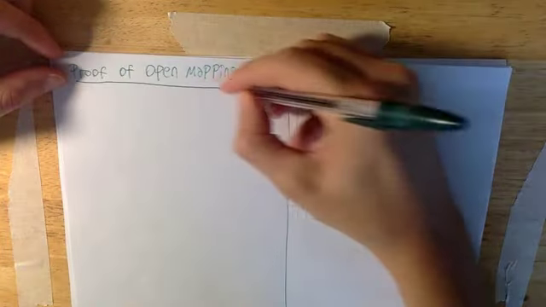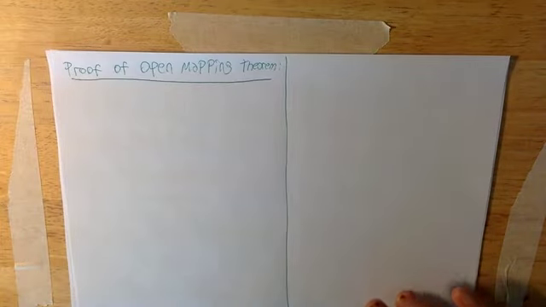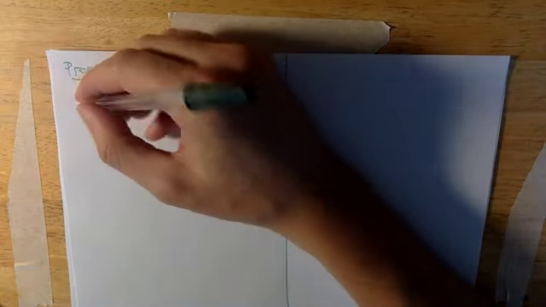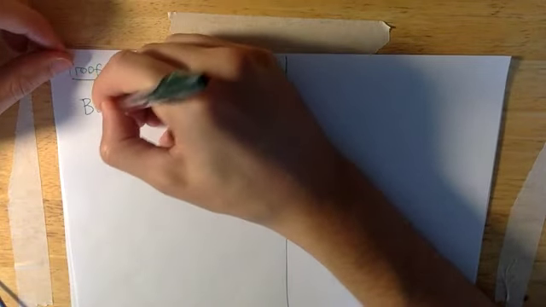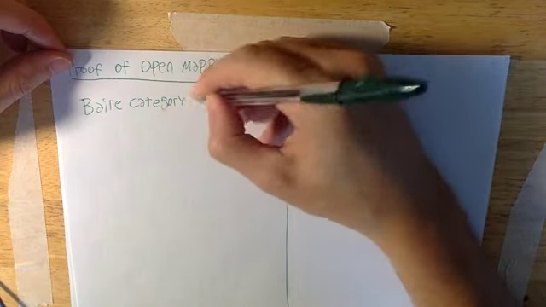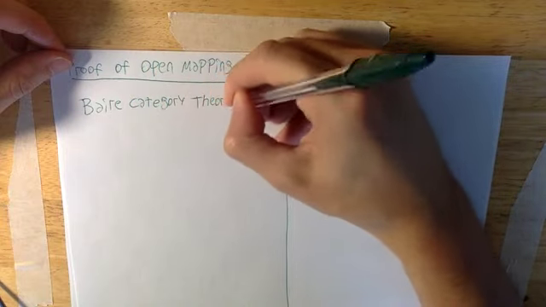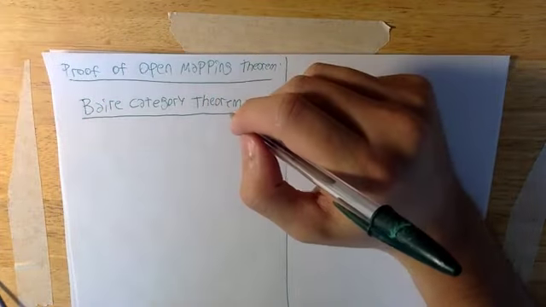Okay, and this is going to take a couple of stages. The first thing is something that is usually referred to as the Baire category theorem. I'm not going to talk about categories, so we could just call it the Baire category theorem.